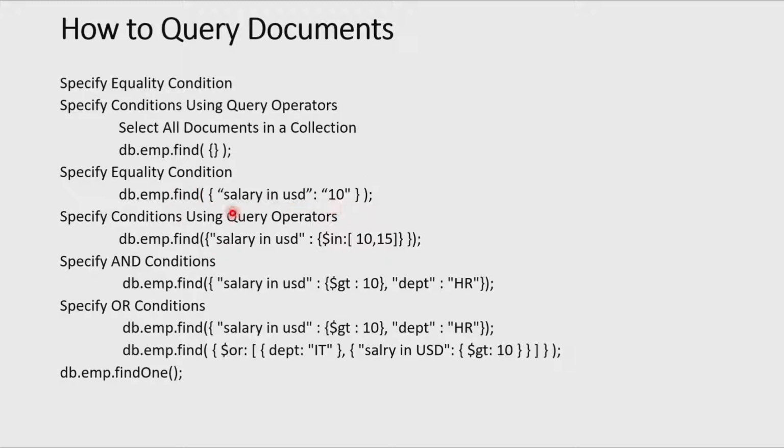Let's say salary in USD should be 10,000, it is 10, and specify conditions using query operator. Let's say I wanted to see all the employees where salary in USD is between 10 to 15, then we will say salary in USD, and we give this condition. Similarly, we give it for the AND condition also, or we can provide the OR condition.